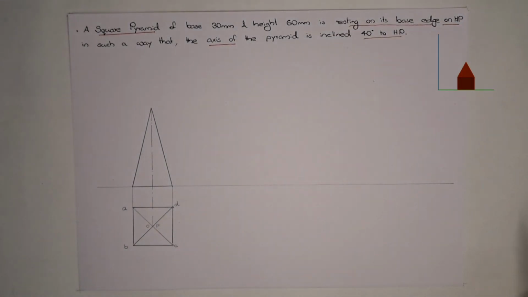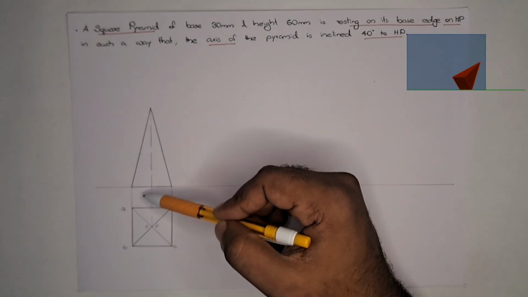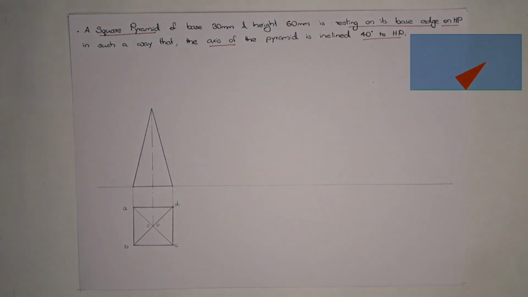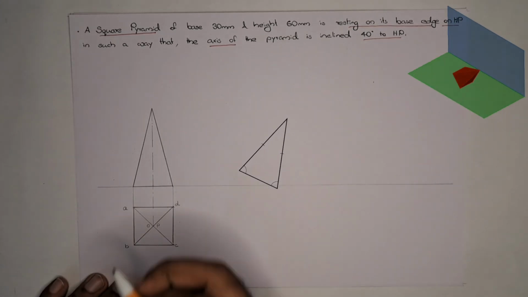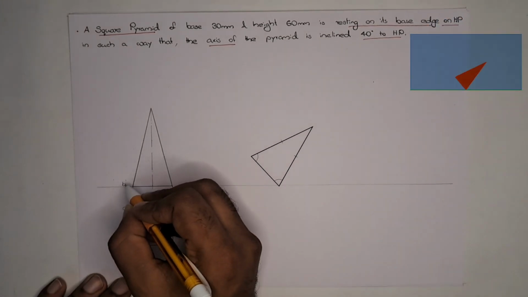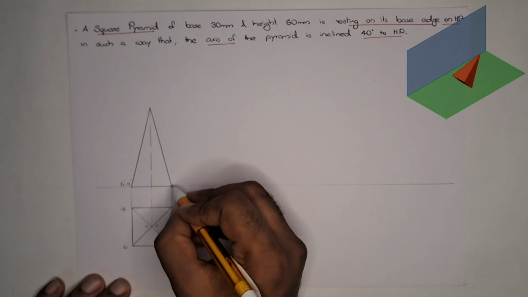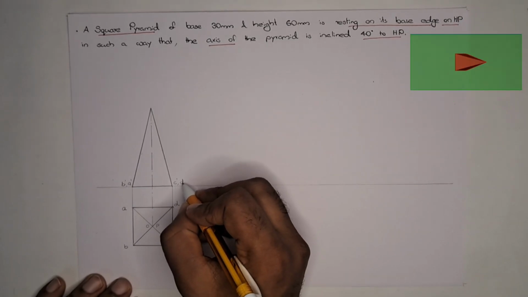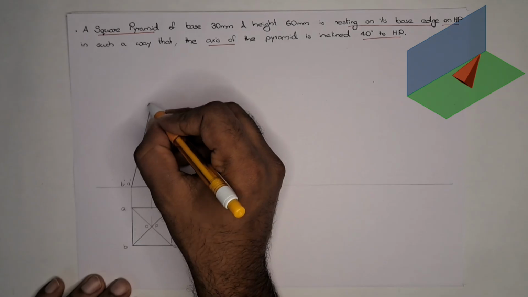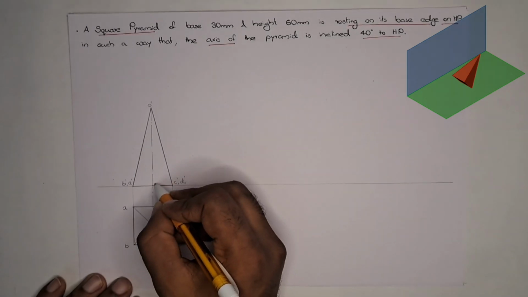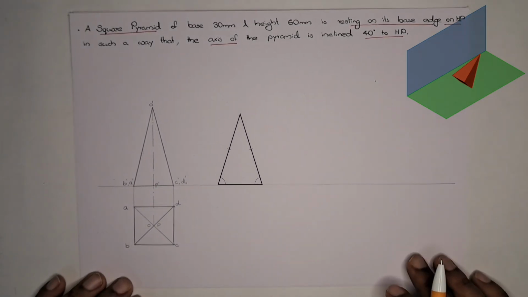Now in the first condition, the axis of the pyramid is inclined 40 degree to HP. So we take the complementary angle 50 degree to draw the base. So here it is B dash, A dash, here it's C dash, D dash, here O dash and E dash.